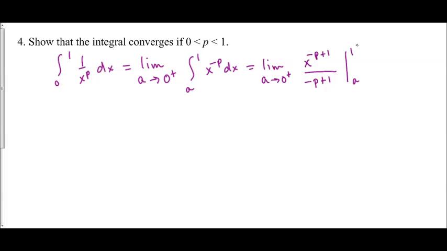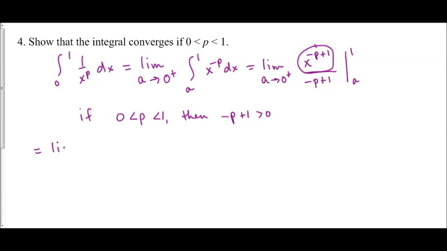And now, if 0 is less than p is less than 1, then this means that negative p plus 1 is going to be greater than 0. And this means that x to the negative p plus 1 is going to stay in the numerator.